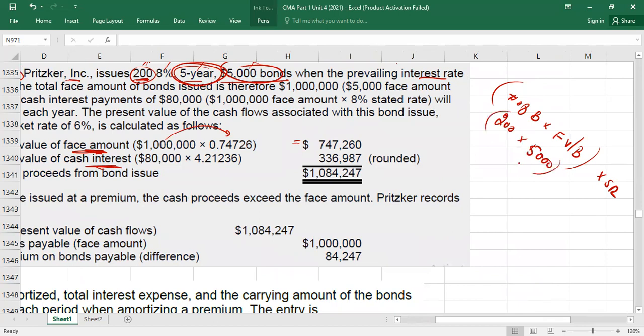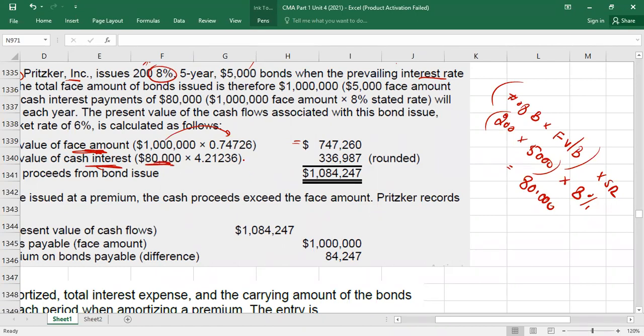It is going to be total face value 1 million. Multiply by stated rate, 8%. Stated rate is given here. So you will multiply with 8%. This gives you interest per annum: 80,000. Understood? Clear? So this interest I will write here.